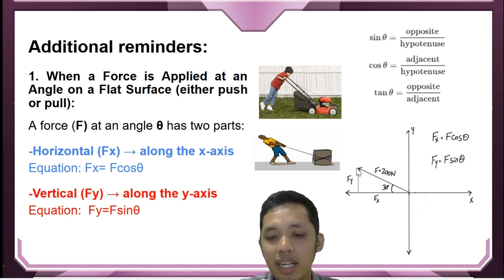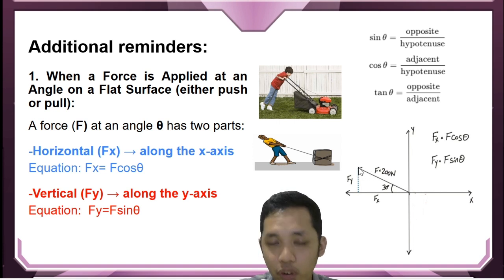So before we are able to get the x and y components, we have to determine first, or label first, each side. Okay? Now, do not forget this, that the overall applied force by the person is the hypotenuse. Okay? So meaning the 200 newtons is the hypotenuse.